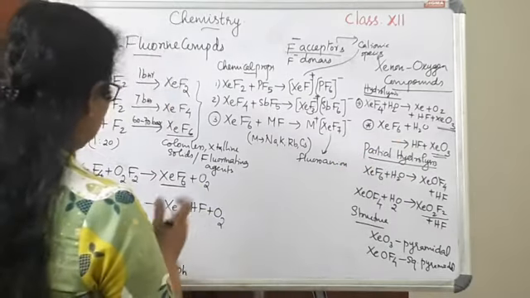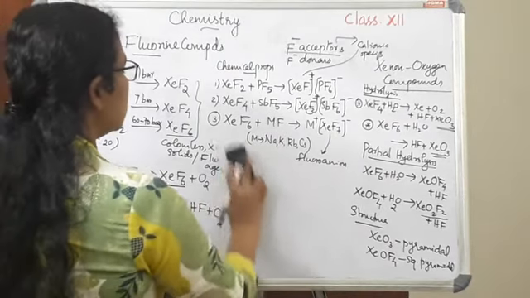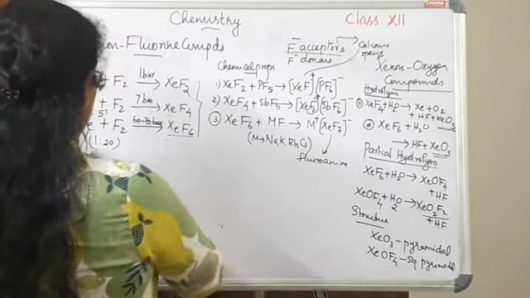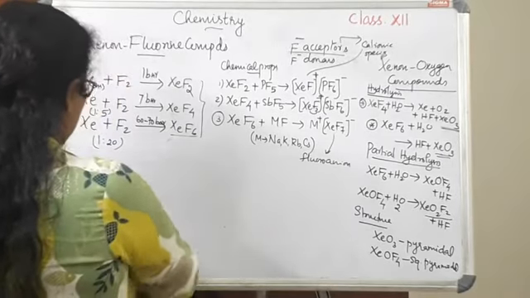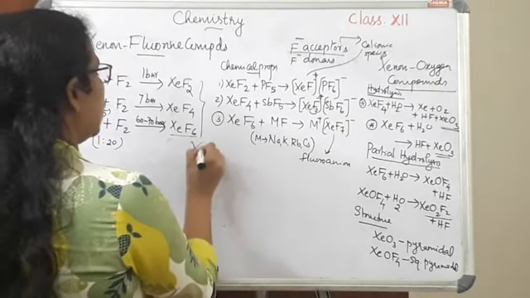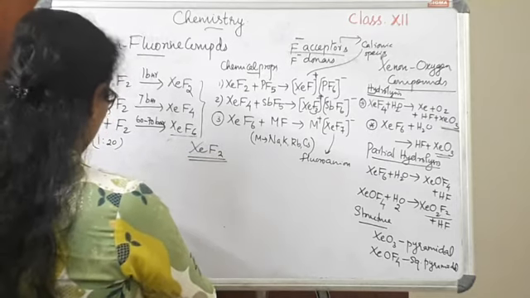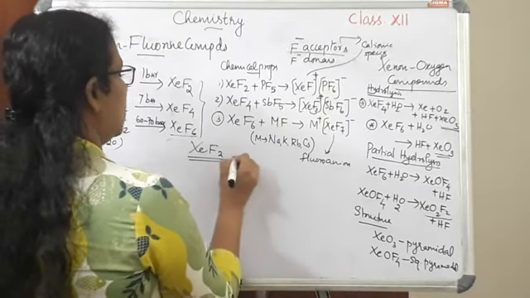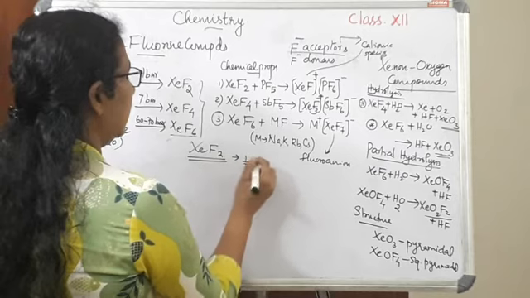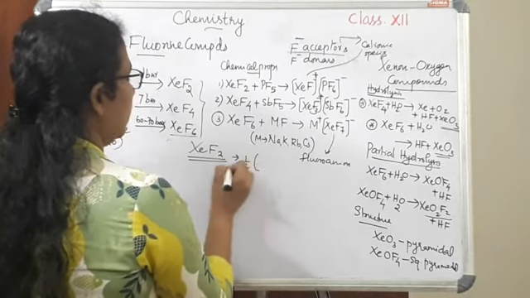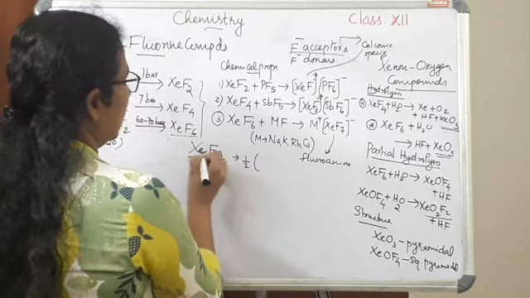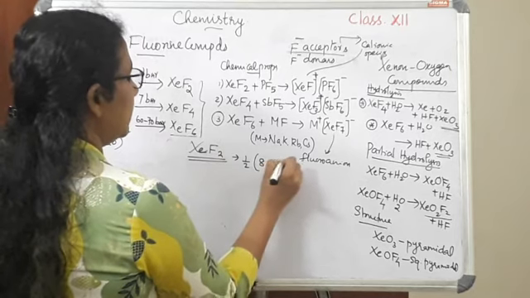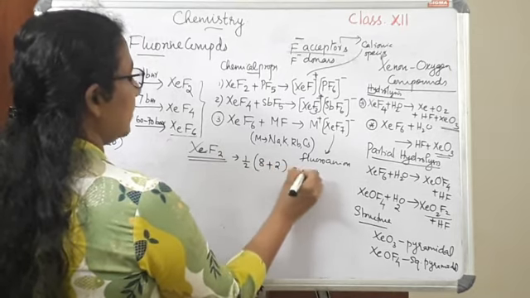Now let's see the structure. First of all, the structure is very important. First, the structure of XeF2. According to VSEPR theory, we will find out the geometry. For that, we need to find out the bond pairs and lone pairs. It will be half into Xe having 8 valence electrons and 2 bonded atoms, so it will be 5.